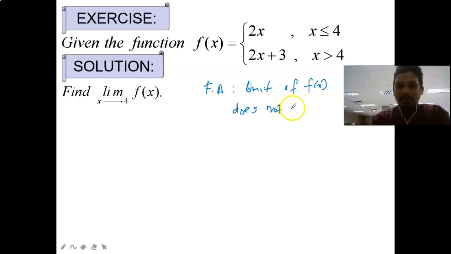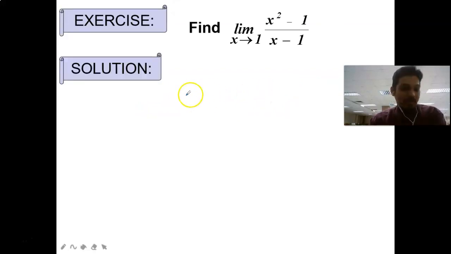Sorry for the terrible handwriting there. You try it yourself and find that the limit does not exist. And for this one, the limit of the whole function is 2.